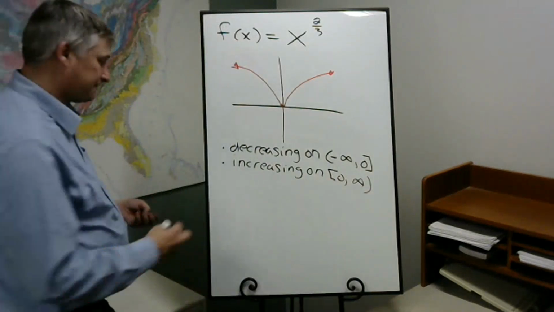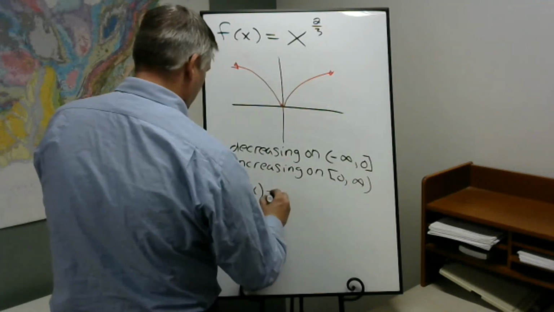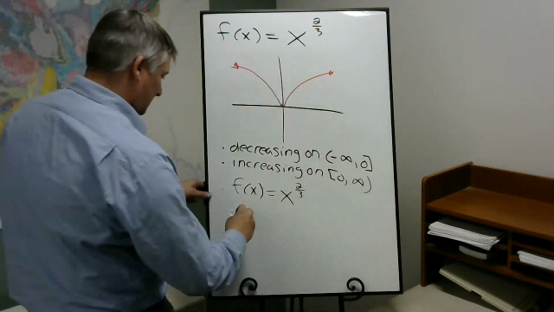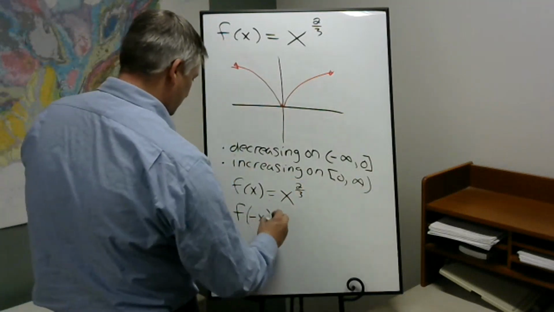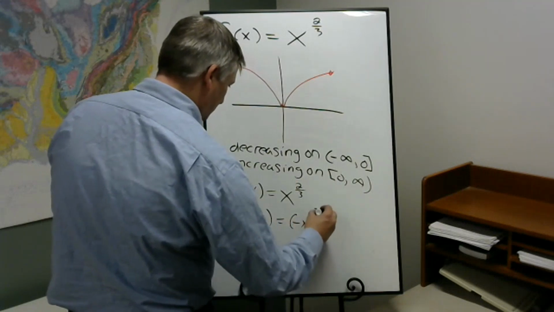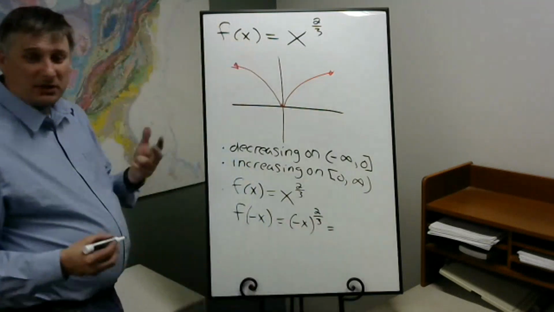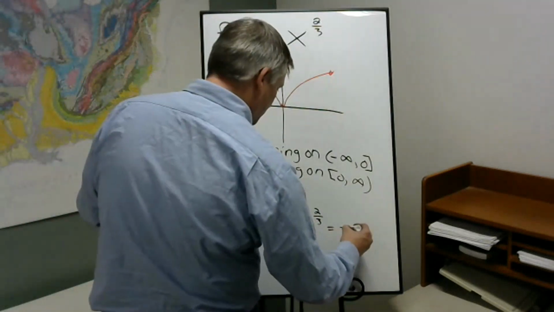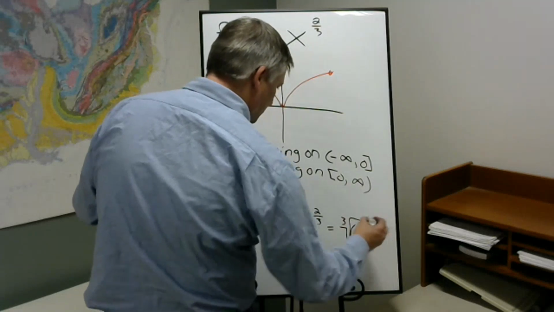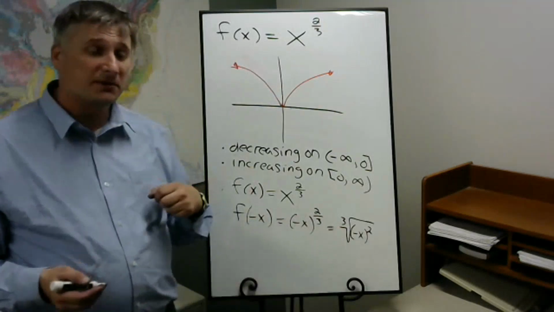So finally, symmetry. Put in negative x. And what we could do, we could use the version of this that was the cube root of x squared, except now we're replacing x with negative x. We can use this version of it.